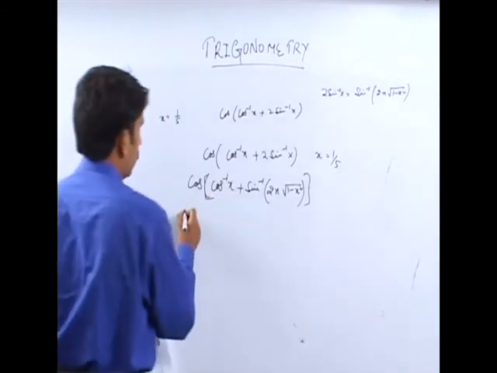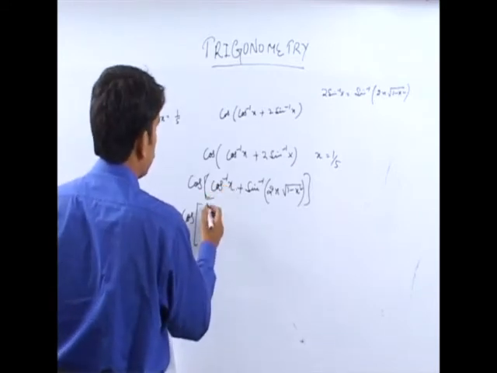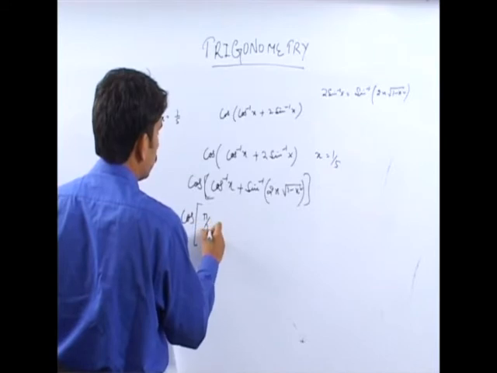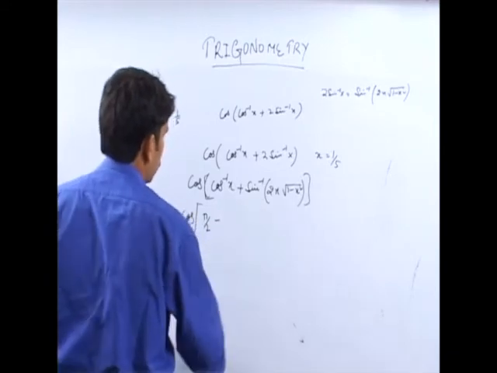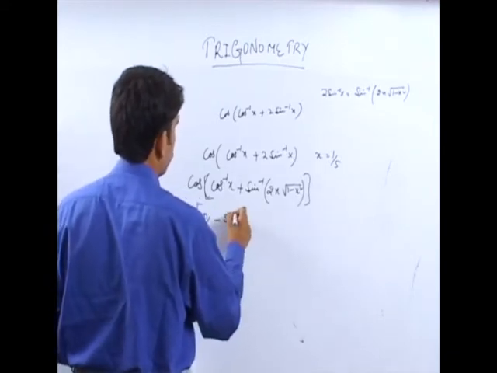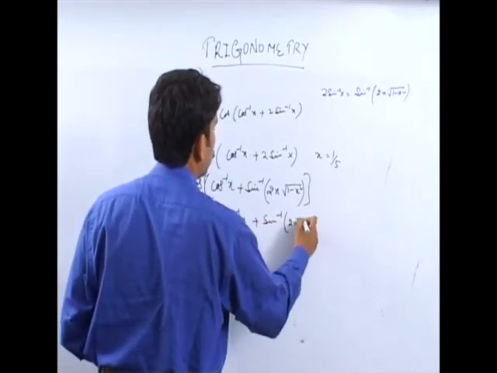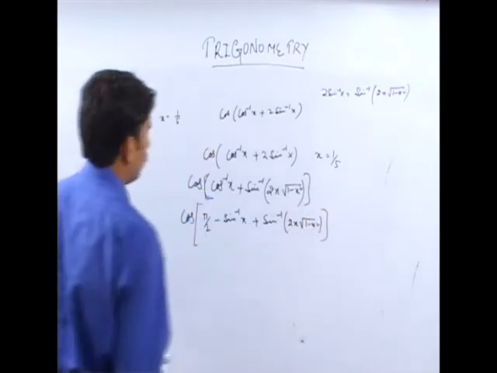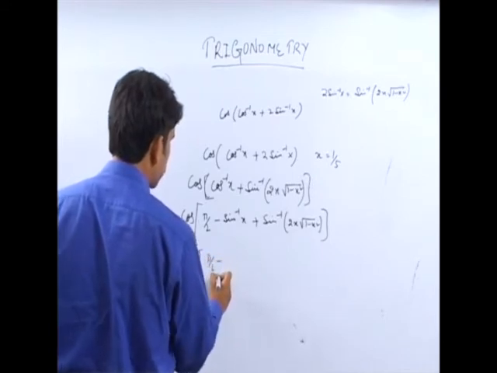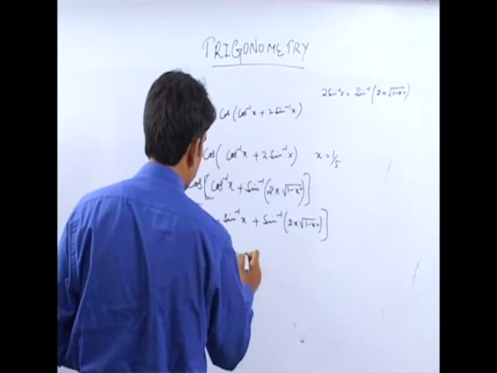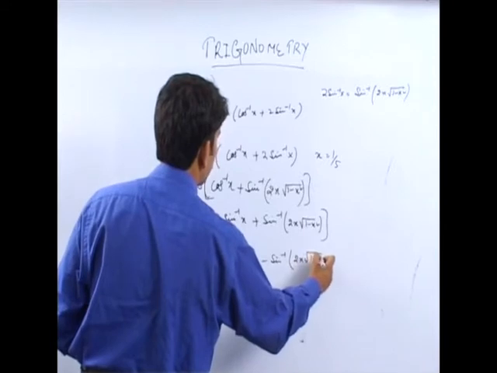Now if you want to change this cos inverse x into sin inverse x, you can write this as pi by 2 minus sin inverse x plus sin inverse 2x under the root 1 minus x square. Now if you take minus common here, this is pi by 2 minus theta, that means sin inverse x minus sin inverse 2x under the root 1 minus x square.